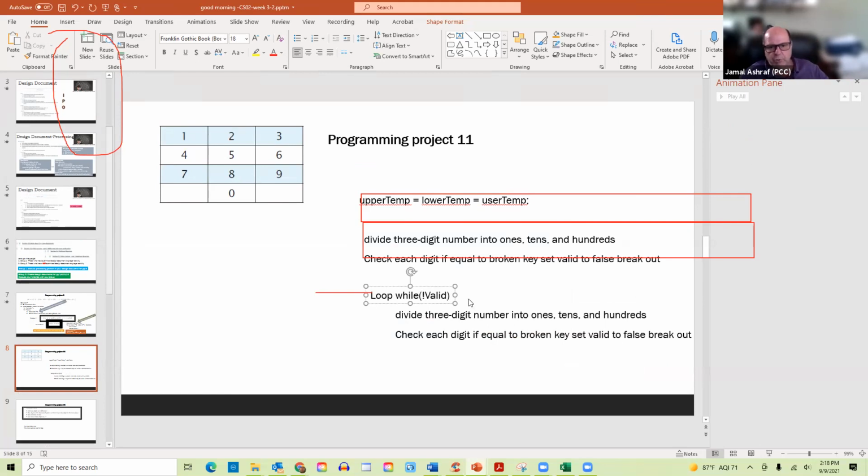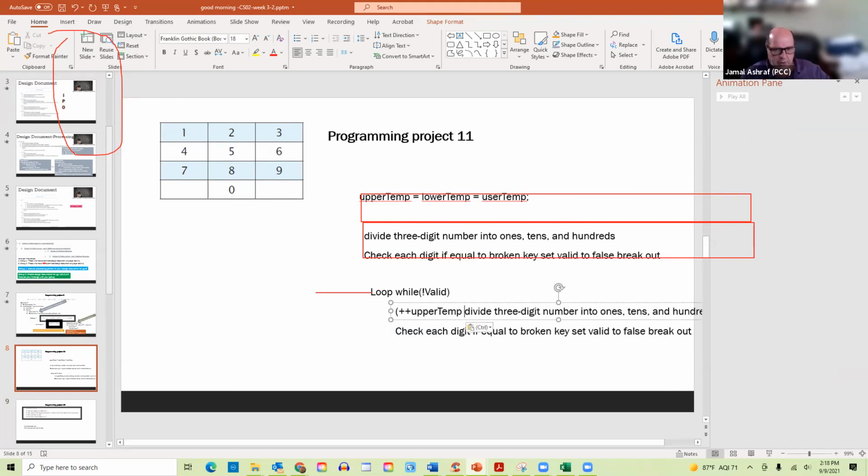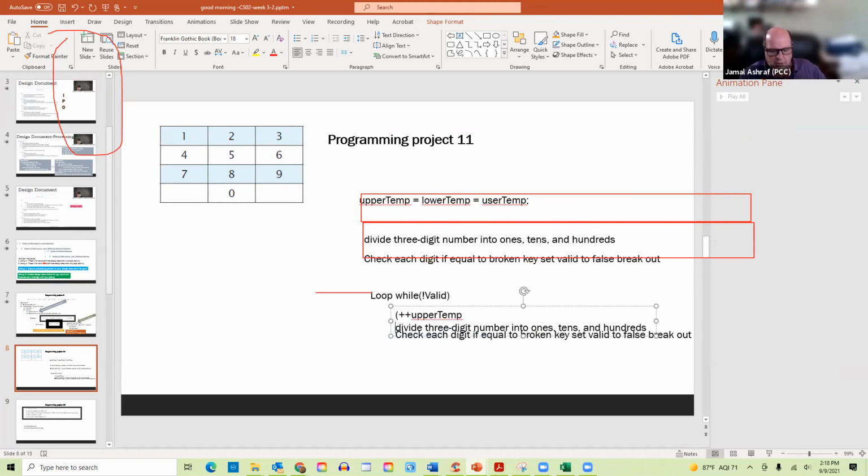So if I have a Boolean, I can just put it as valid over there, and then add 1 to my temperature, and I can continue.